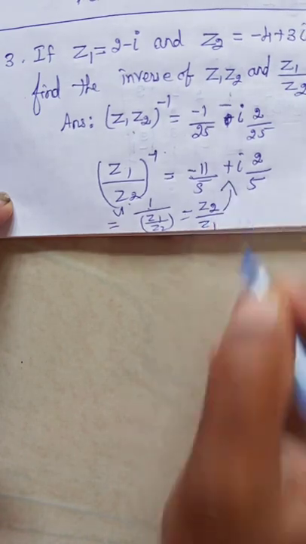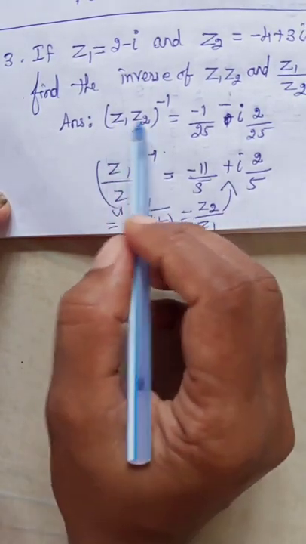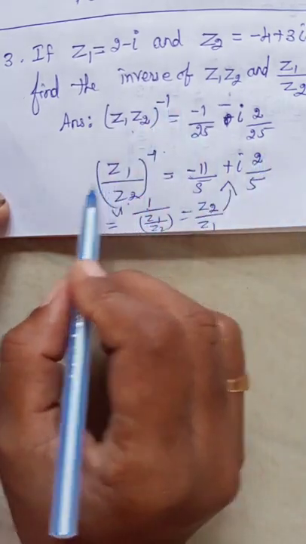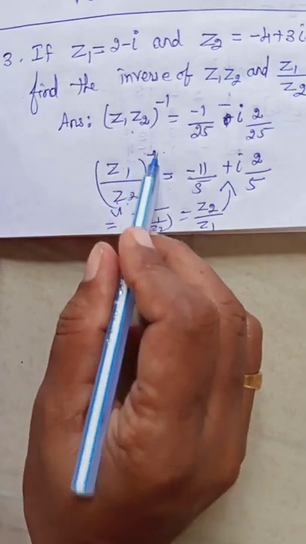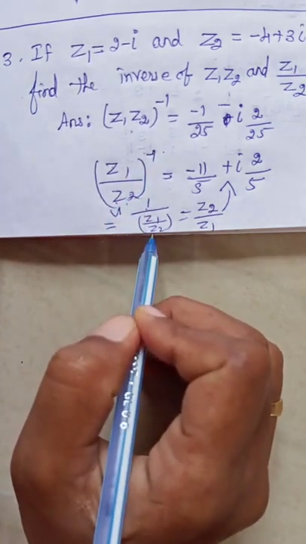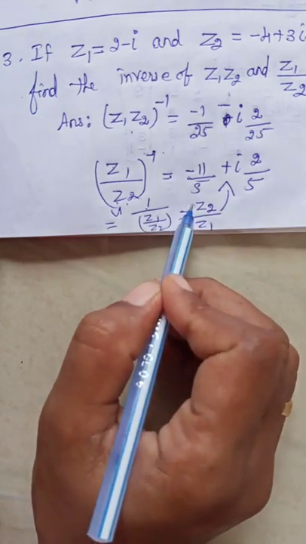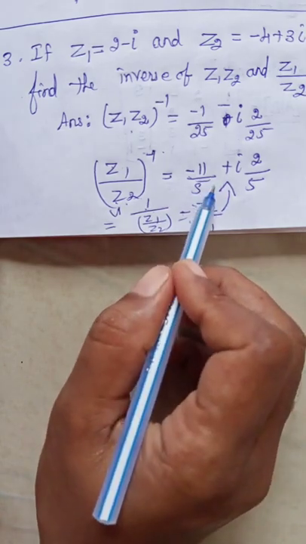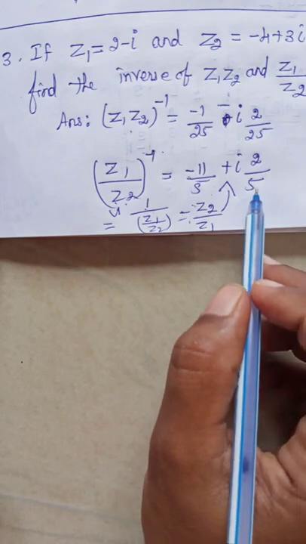Then simplify, you will get this answer. Any one method. In the first case you have to multiply and only then can you find the inverse. For this, instead of finding Z1 by Z2 first, you can write the inverse as 1 by Z1 by Z2. Write it as a reciprocal, so we get Z2 by Z1. Then you will get this answer: minus 11 by 5 plus i into 2 by 5.